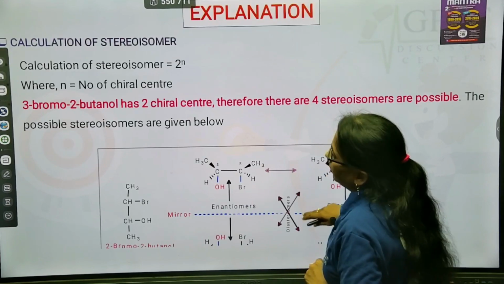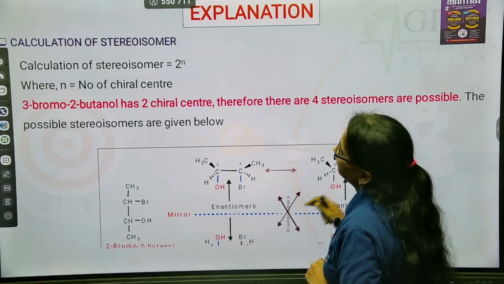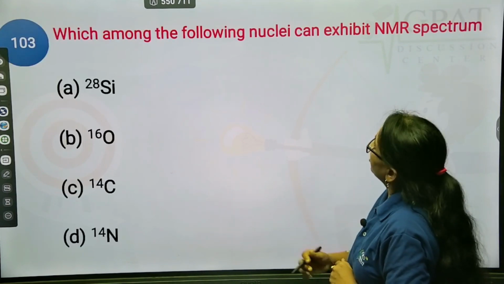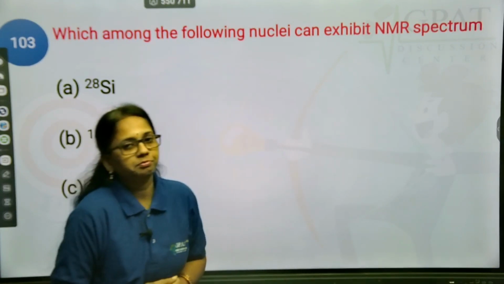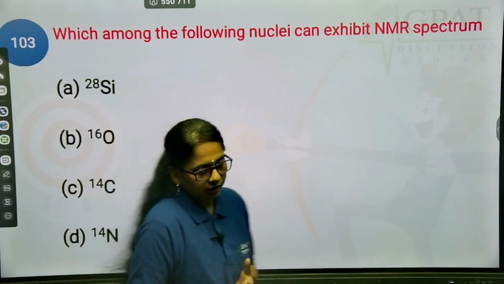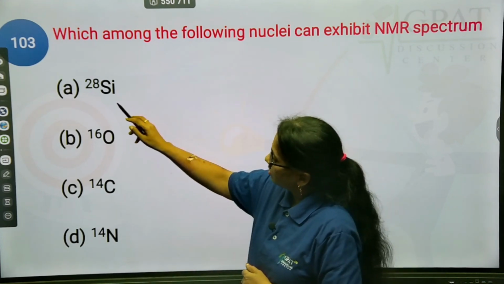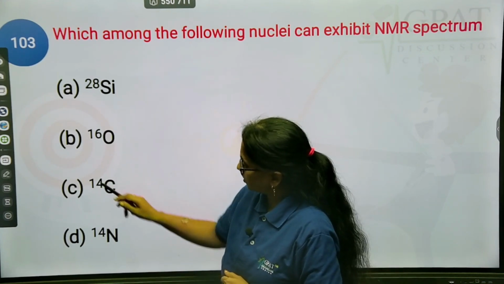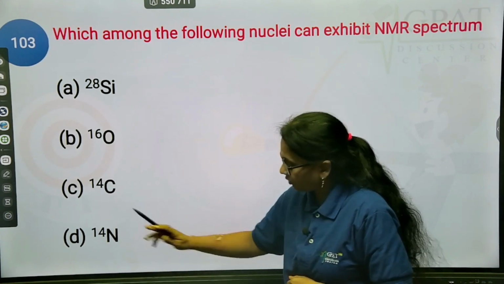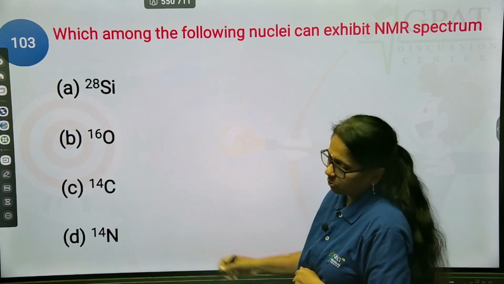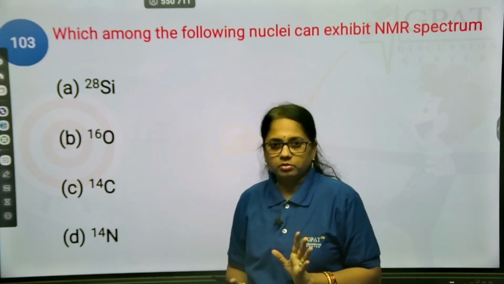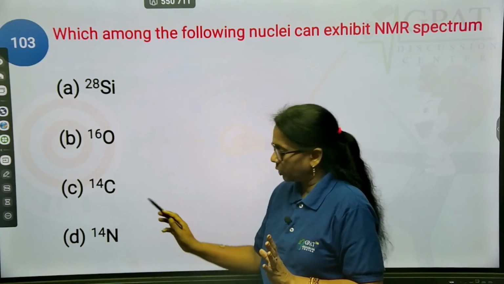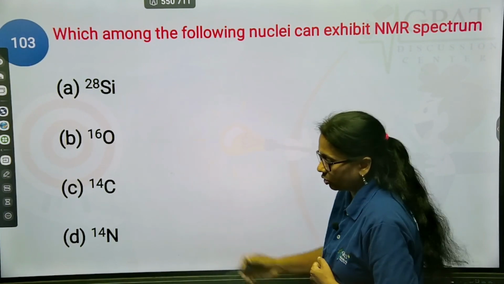Okay. Now let us move to the next question. Which among the following nuclei can exhibit the NMR spectrum? Okay. What they have given, that is options silicon 28, O16, carbon 14 and nitrogen 14. So by seeing the options, we know that C14 is not at all a right option. Okay, because C13 can exhibit the NMR, not C14.